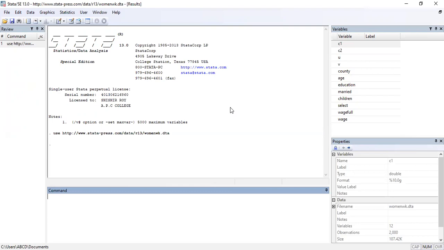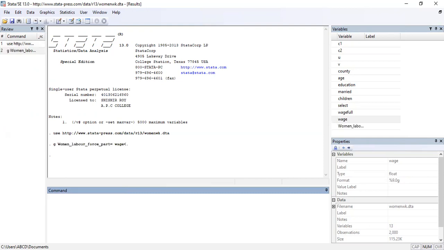So we first need to create the labor force participation variable. Then we will click generate. We will generate a variable, women labor force participation, equal to wage less than dot.